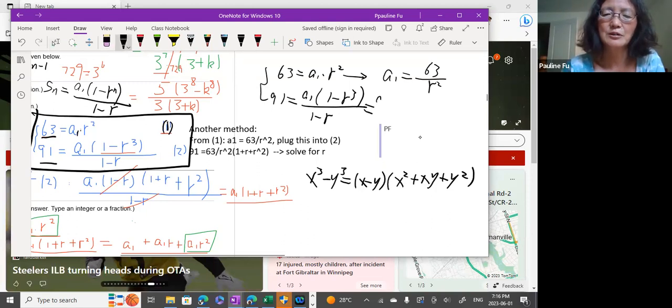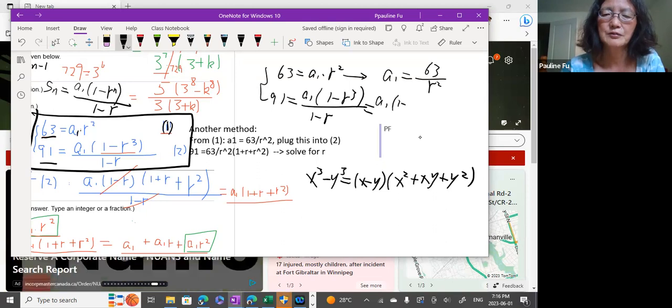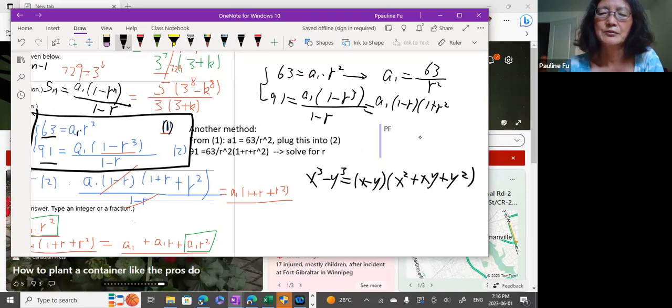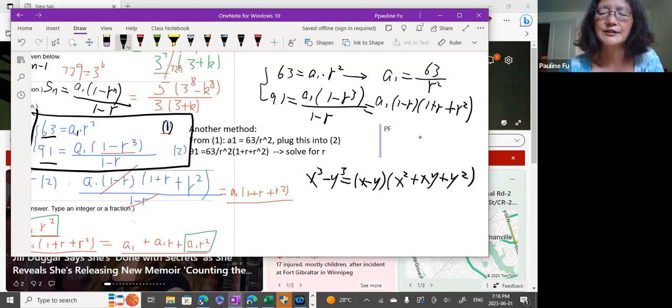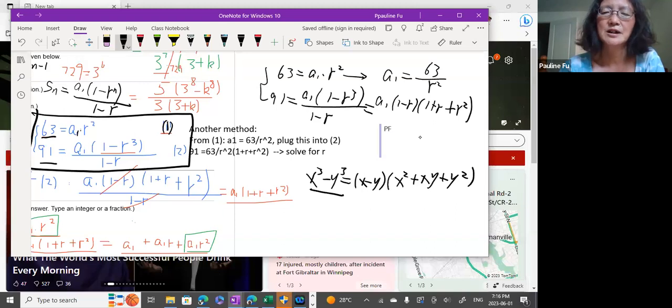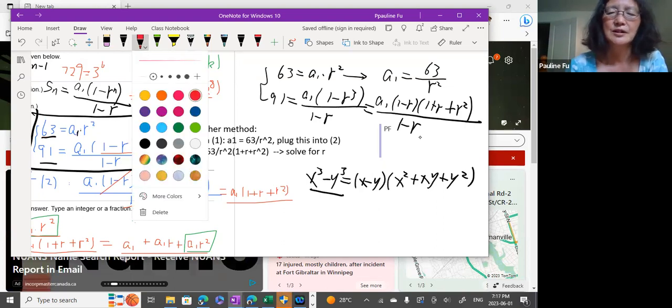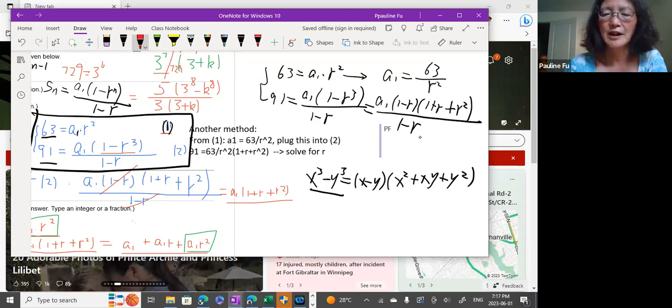On the top, you have 1 minus R times (1 plus R plus R squared). This is directly applying this formula. On the bottom, you have 1 minus R. Question so far? Then the 1 minus R cancels out.